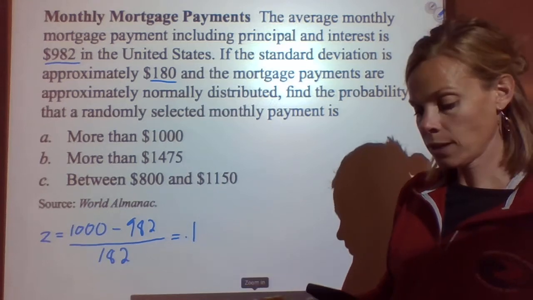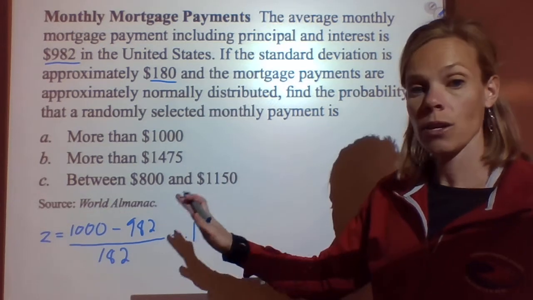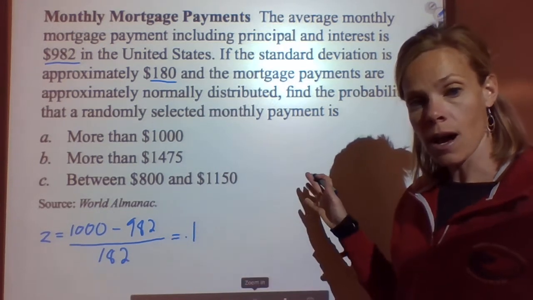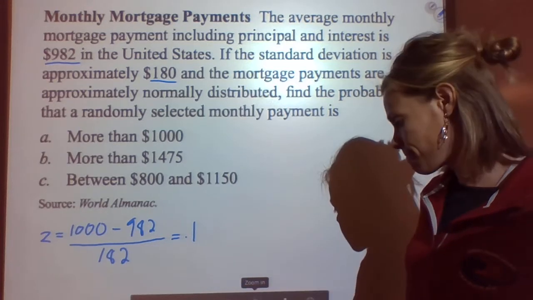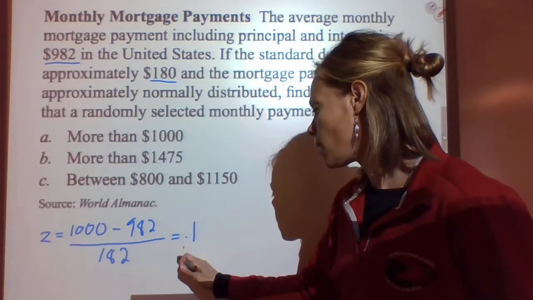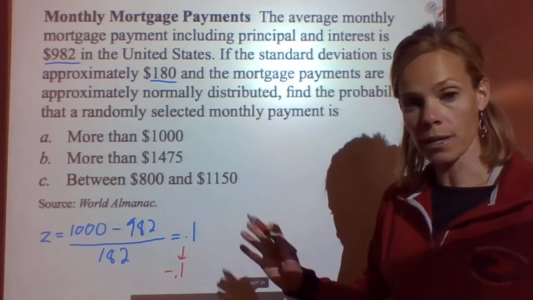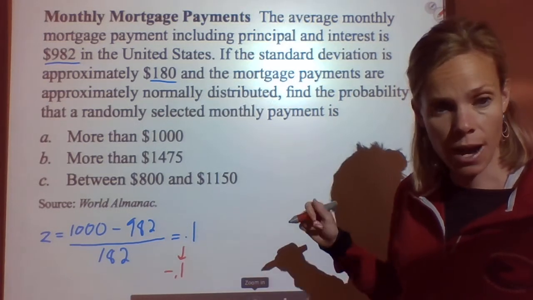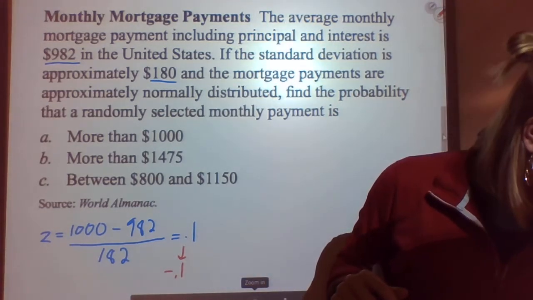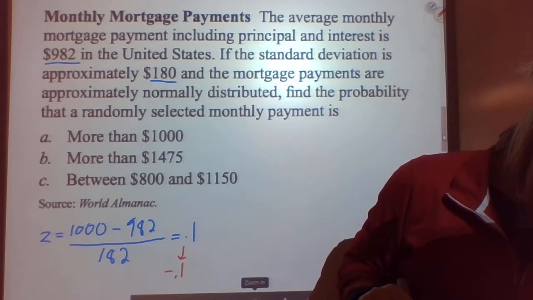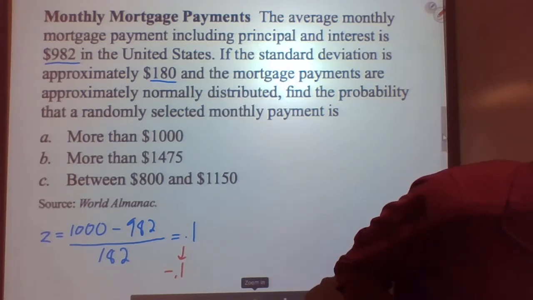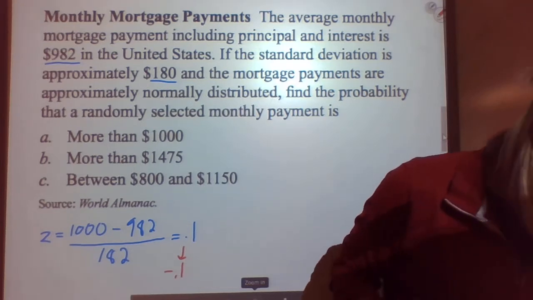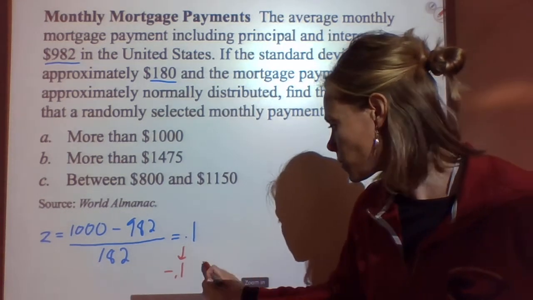And since I'm doing area to the right, more than, am I looking up 0.1? Nope. I'm looking up -0.1 because area to the right, you look up the opposite. So -0.1 is 0.4602.